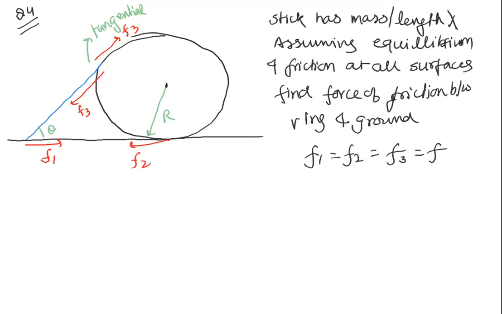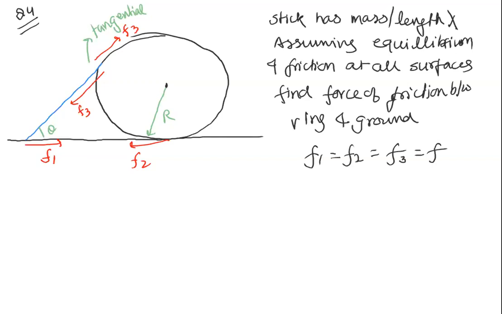Can everybody see this? Later I will draw a detailed FBD, but the normal reaction due to the stick, due to the rod, will be producing 0 torque on the ring because the point of contact of the stick is tangential. Therefore, the normal reaction must pass through the center. The normal reaction due to the ground on the ring must also pass through the center.